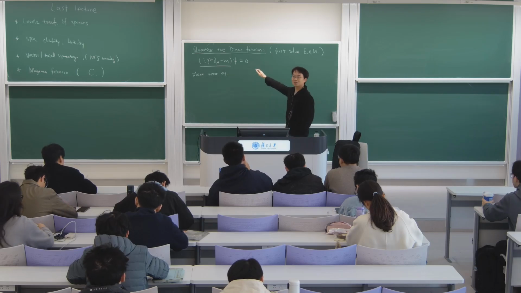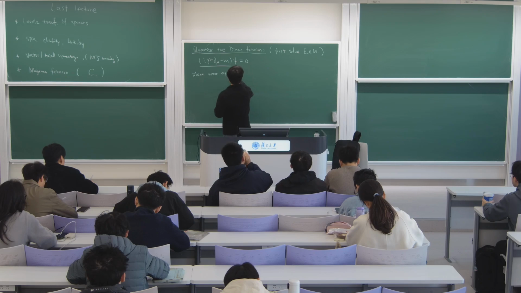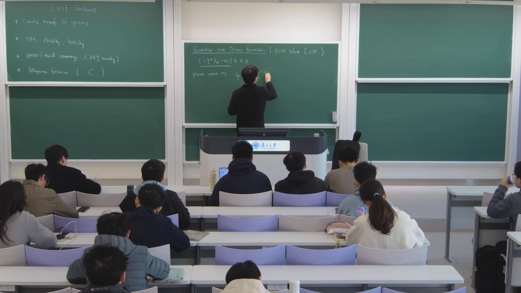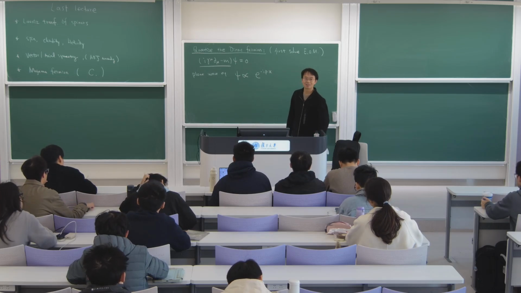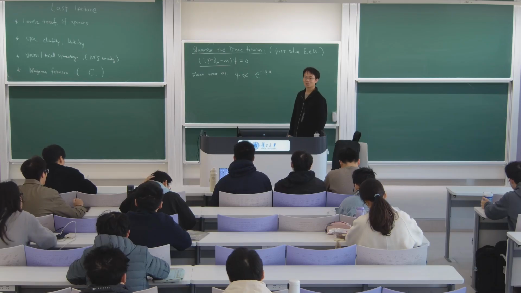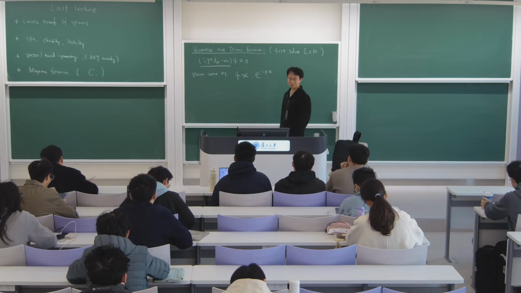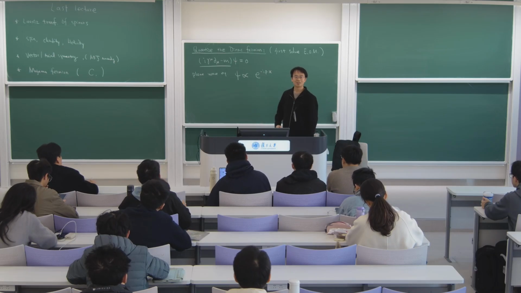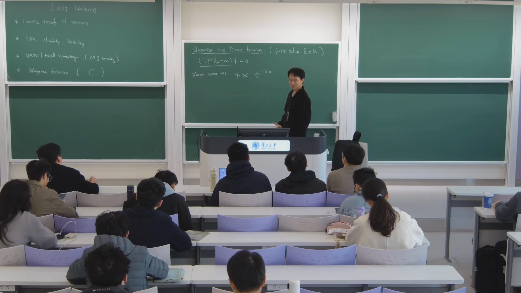Because from this equation we can get the Klein-Gordon equation, there should be such a solution that looks like a plane wave. This part is what we already saw in solving the Klein-Gordon equation. The exponent can be plus or minus, the positive frequency or negative frequency.